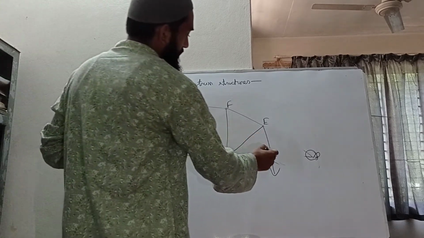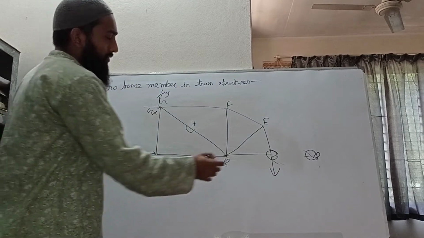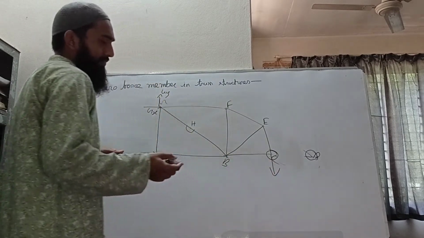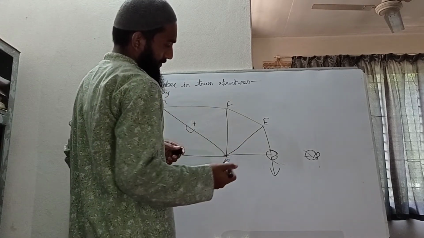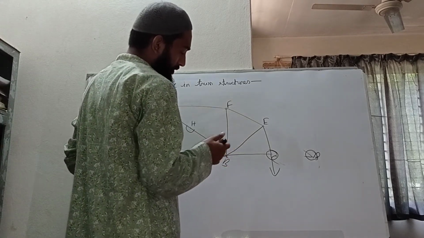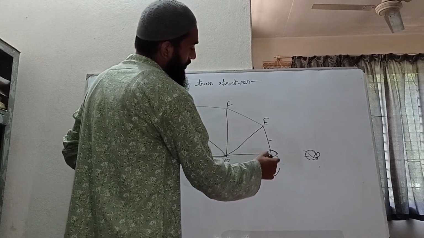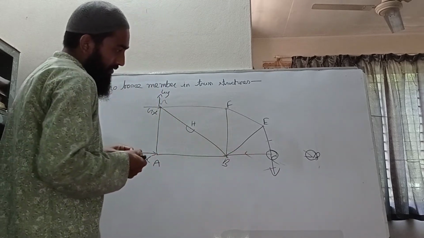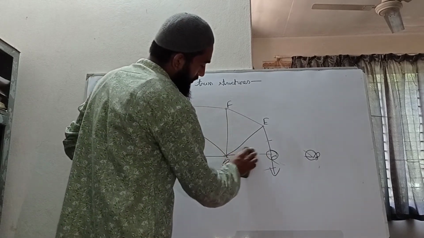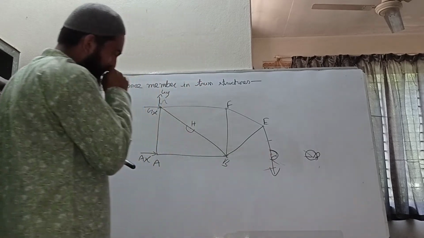Let's consider joint C. If we consider this force as a linear member, then we can apply rule 3 here. This member and this force are collinear, and this is the third member. So this member becomes a zero force member.